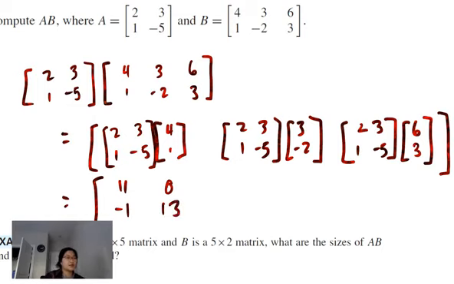And 6 times 2 plus 3 times 3 is 12 plus 9, no, 12 plus 9 is 21. And 6 minus 15 is negative 9. All right. Hope that's right. Let me check it.